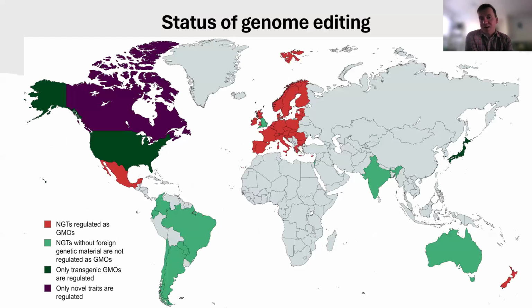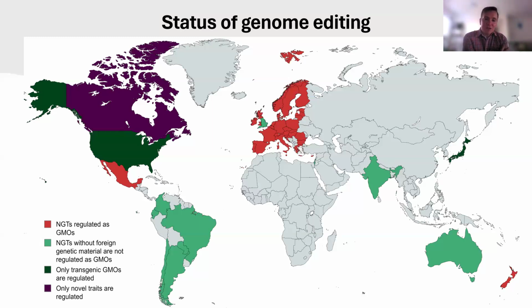And yes, here is the outline of other countries. And we have the European Union here in red, as I mentioned, where new genomic techniques, including CRISPR, will be regulated as GMOs.